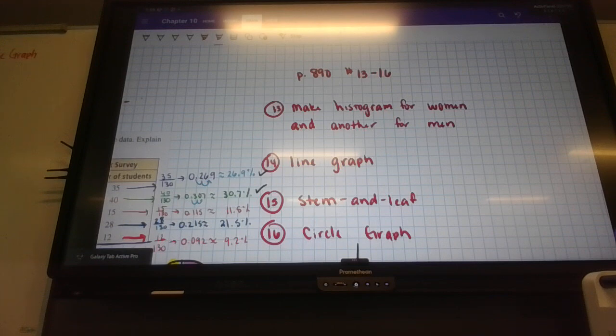And 16, you have another chance at a circle graph. So I'm telling you exactly which ones to make right here in this list. Wait, can I look at what it is? It's in your book. Turn the page. Look in the book.